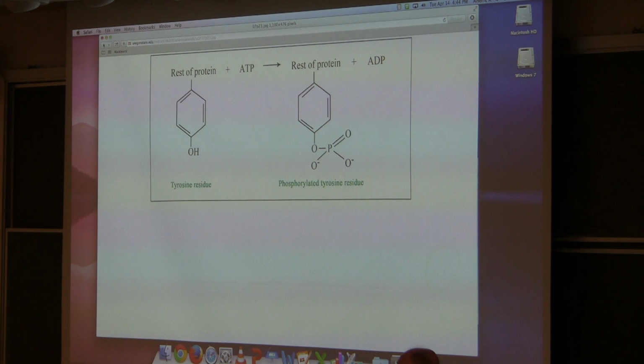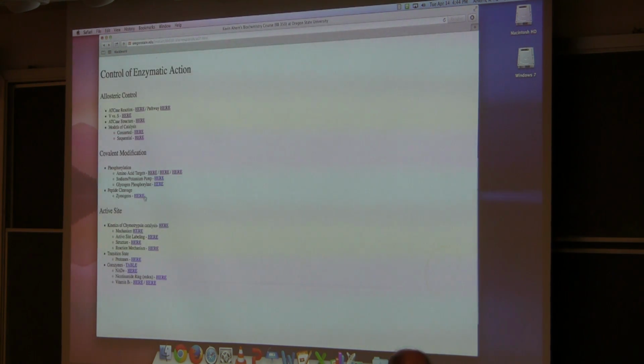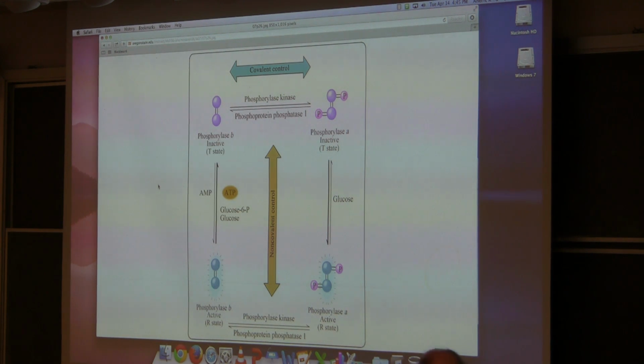Okay. Well, let's see an example of an enzyme that is affected by addition of a phosphate. Now, this looks pretty complicated, and I'm going to simplify it for you. What you see on the screen is an enzyme known as glycogen phosphorylase. It catalyzes the breakdown of glycogen.